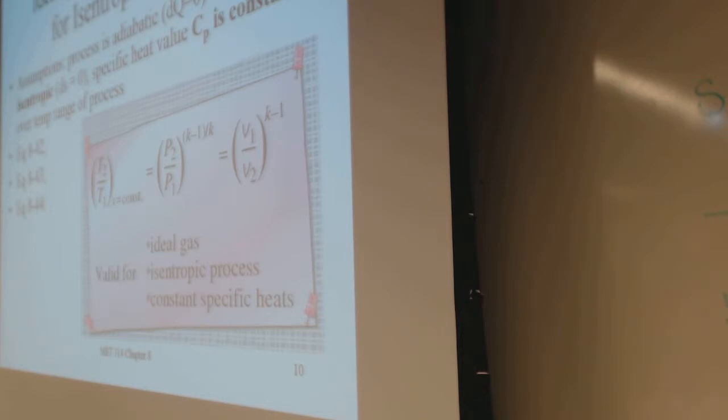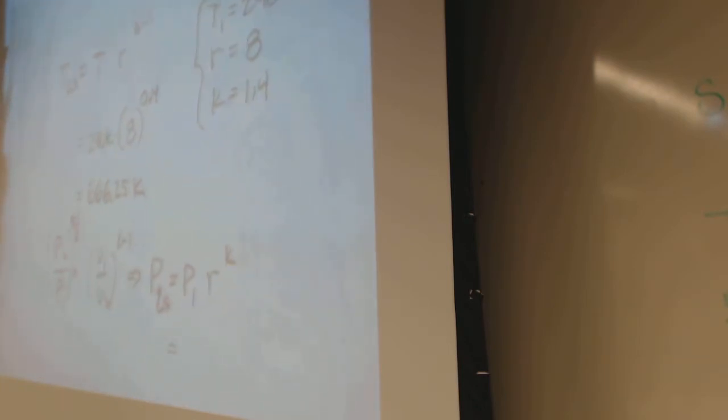If I want to find pressure 2, I think we're going to say P2S is pressure 1 times R to the K. I'm just solving for it, and I'm kind of winging it on this one. I think that's right.